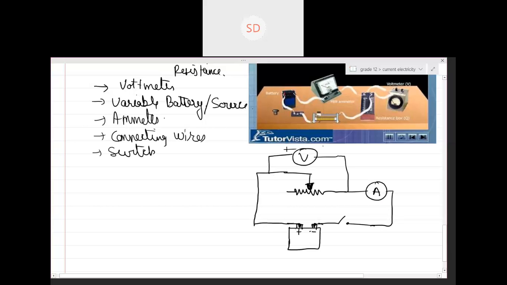Can you see a voltmeter connected over here, guys? Everyone, is it clear? So this is the variable battery. Can you see from the positive terminal we have connected? The order doesn't matter because all of them are in series, so it doesn't matter.